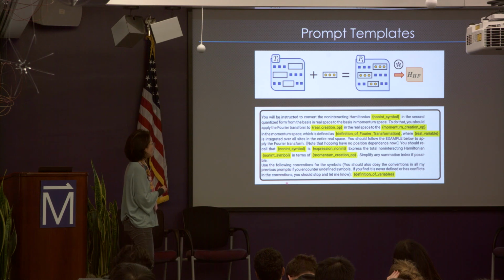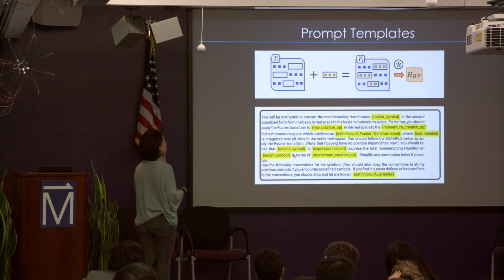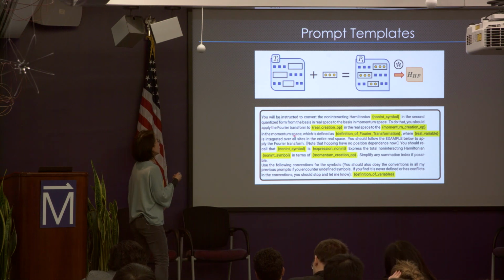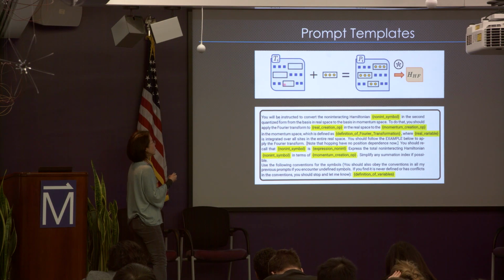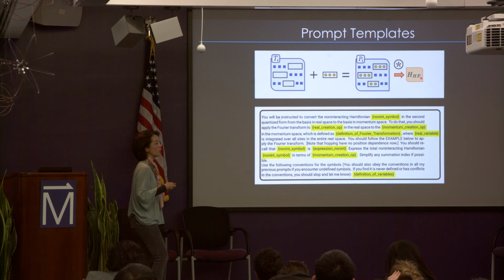This is our prompt template, where there are placeholders which can be replaced by problem-specific information. So we have the fixed template, and to the fixed template we plug in the placeholders associated with a given problem, and we give that to the large language model. We tried Gemini and ChatGPT, and it will give us the Hartree-Fock Hamiltonian.